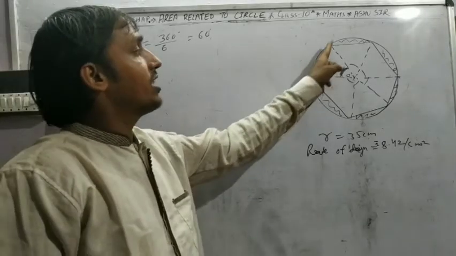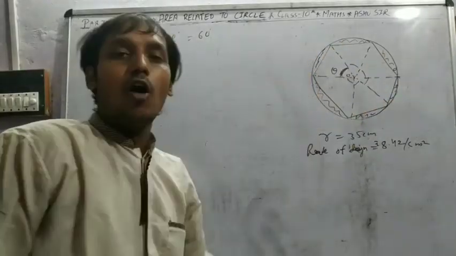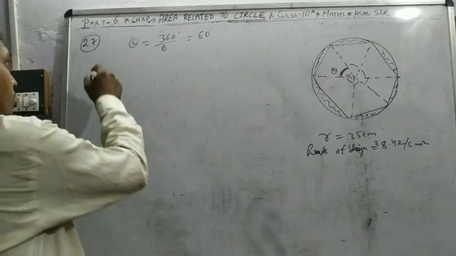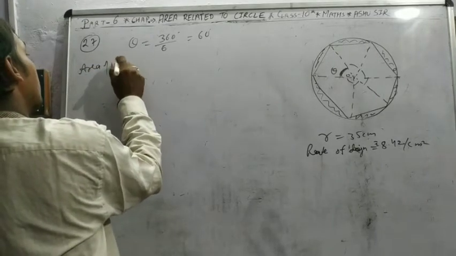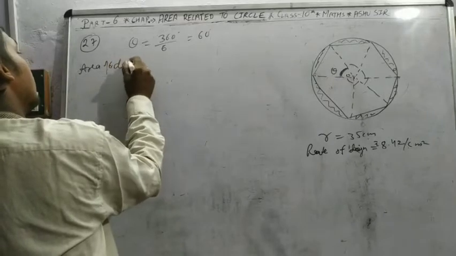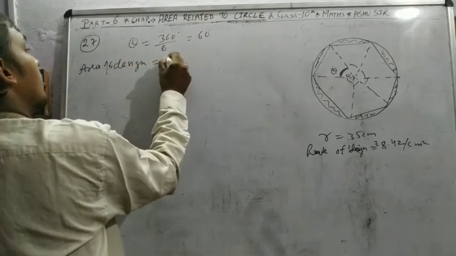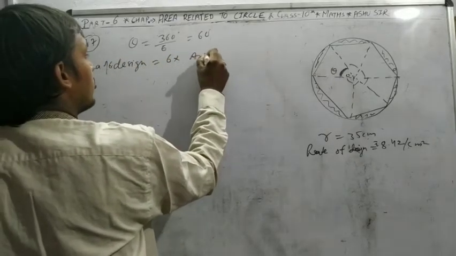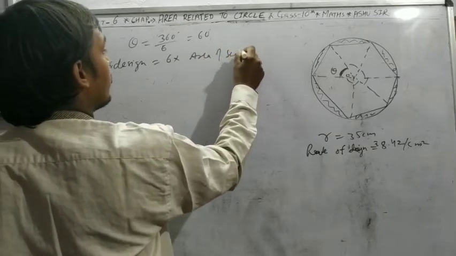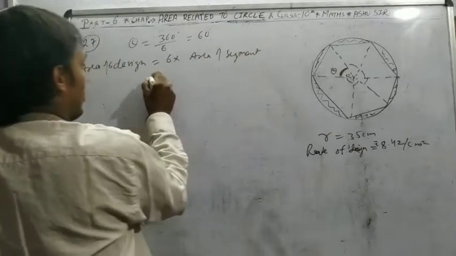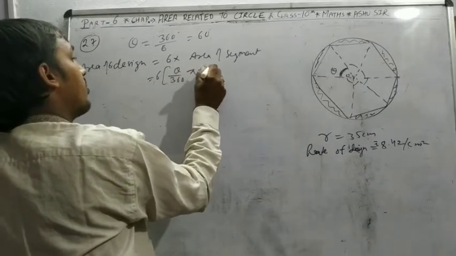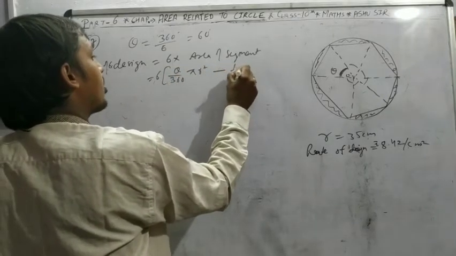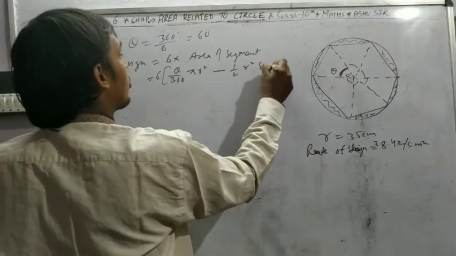We want to find these 6 designs, which are in the form of a segment of a circle. So area of 6 designs is 6 into area of segment, that is theta by 360 pi r square minus 1 upon 2 r square sin theta.